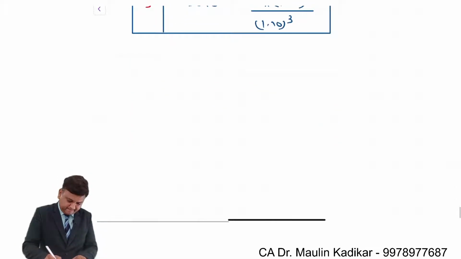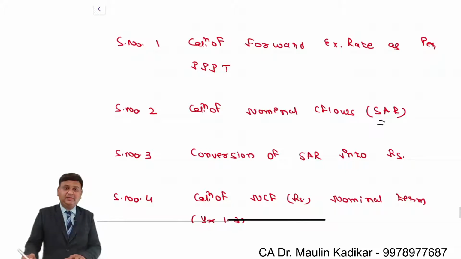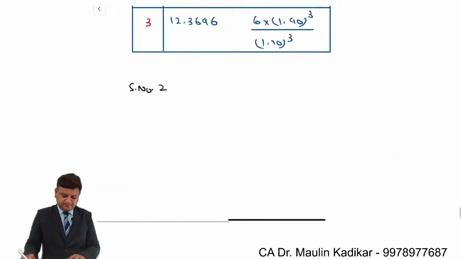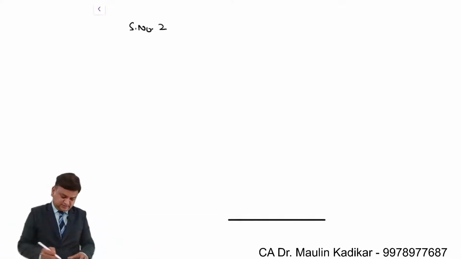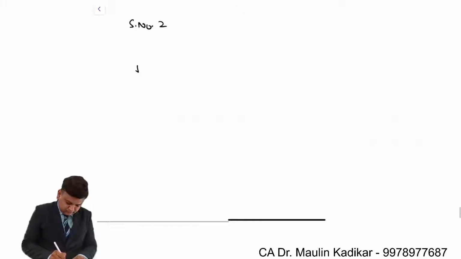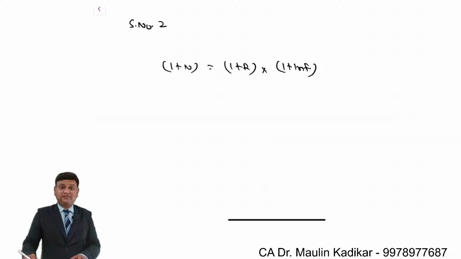Step number 2. In that, calculation of the nominal cash flow of South African currency. Dear students, over here, in the second step, we have to do working something like this. We have studied a formula in this way. 1 plus nominal is equal to 1 plus real into 1 plus inflation.